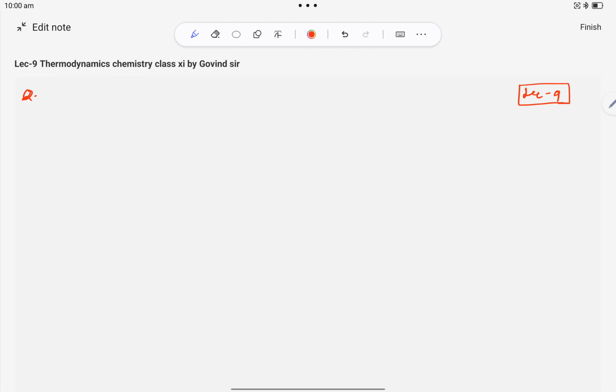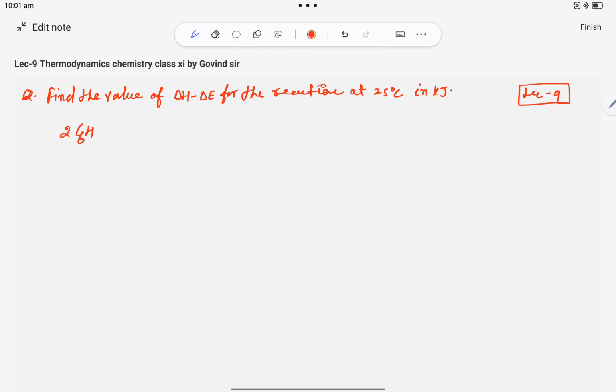So the question is, find the value of delta H minus delta E for the reaction at 25 degrees Celsius in kilojoule, and the reaction is 2C6H6 plus 15O2 gives 12CO2 plus 6H2O. The first is in liquid state, the second gaseous, and the last is also in liquid state.